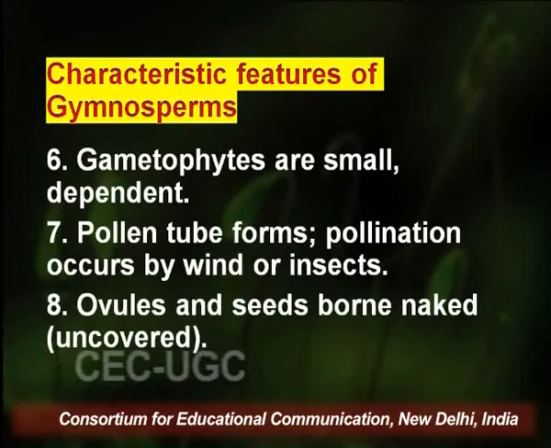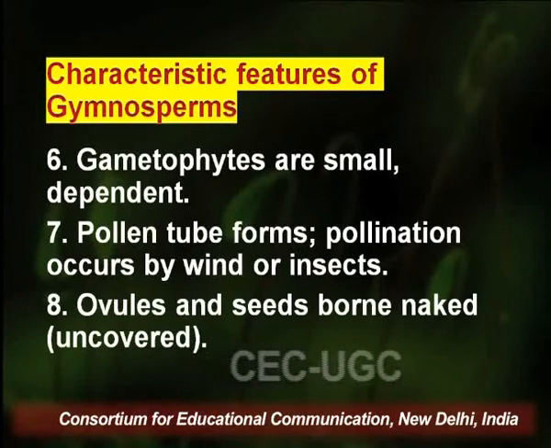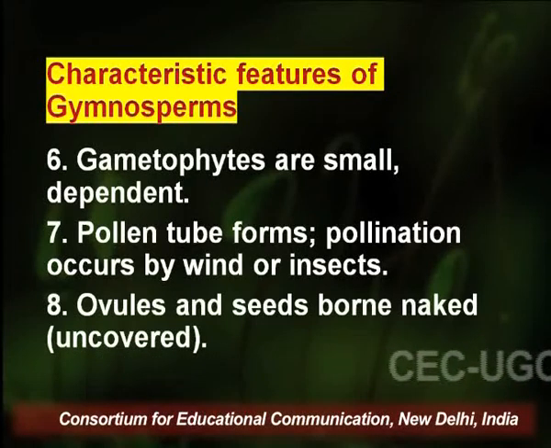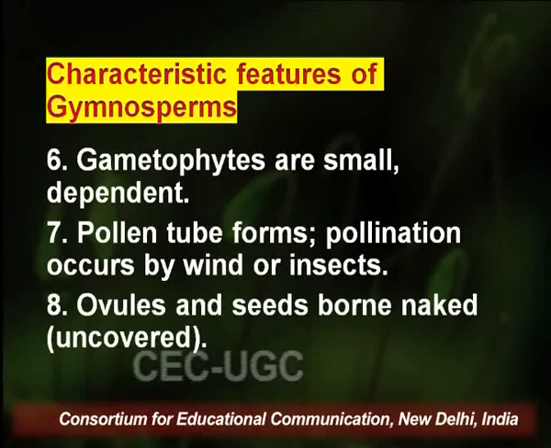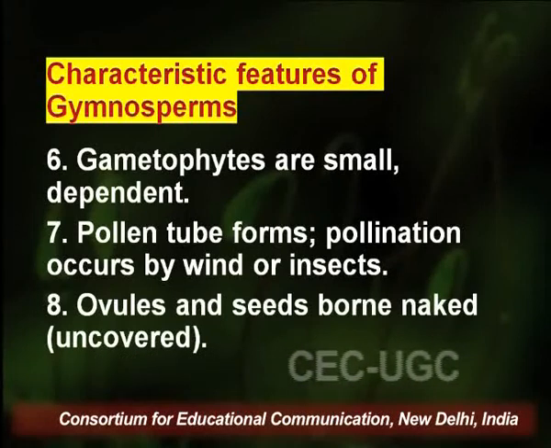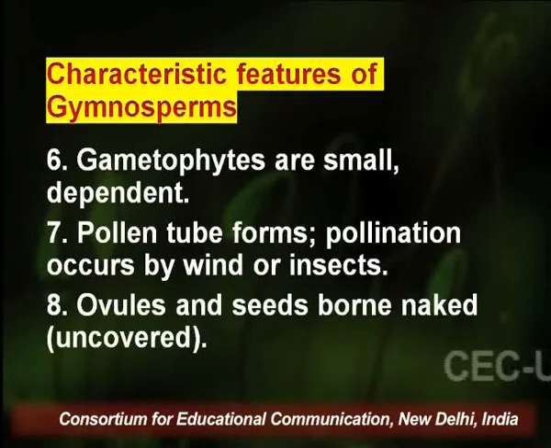The male gametophyte is represented by 3 to 4 celled structures called pollen. These pollen are transferred with the help of air to the female cones, and there these pollen grains germinate with the help of a pollen tube. This process is also called siphonogamy.